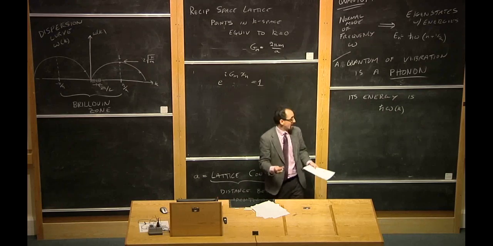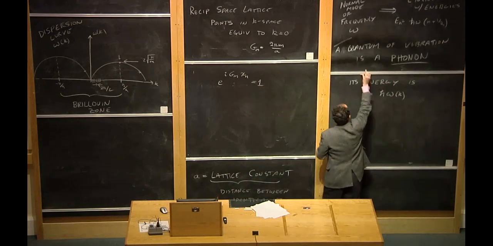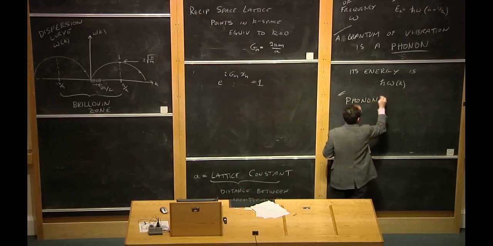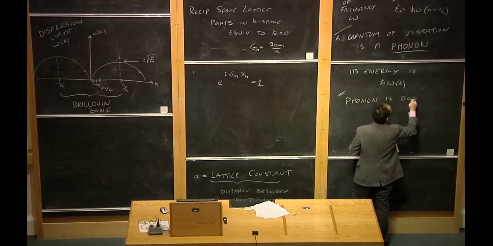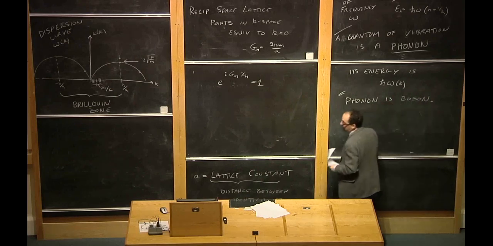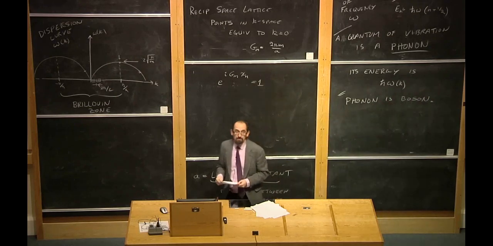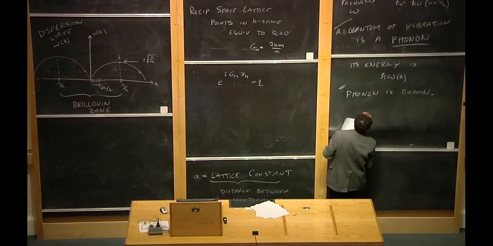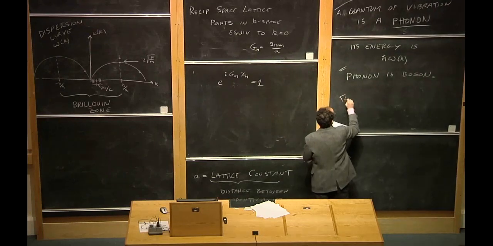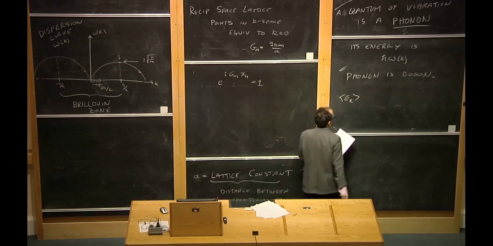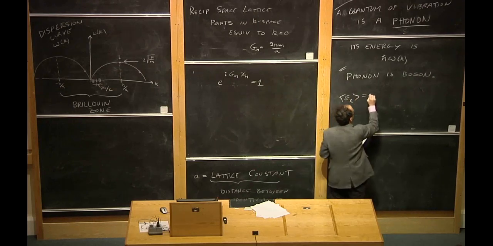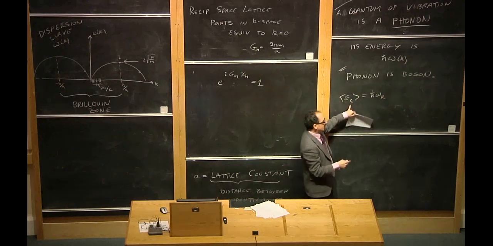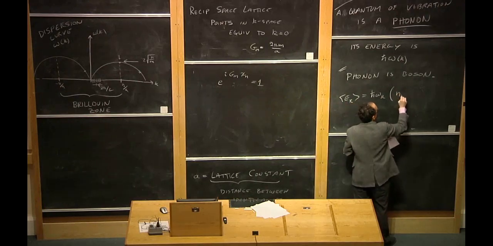Now, of course, a phonon is a boson, because you can put more than one phonon in a given k mode. And the energy of the phonons in a particular k mode is h bar omega k. So this is the energy of the phonons in a particular k mode times the Bose factor, plus 1/2.